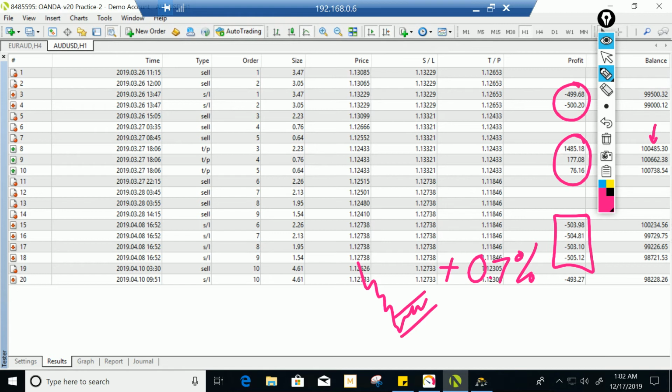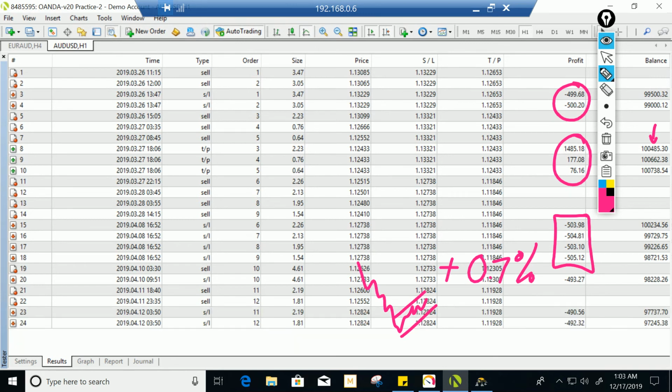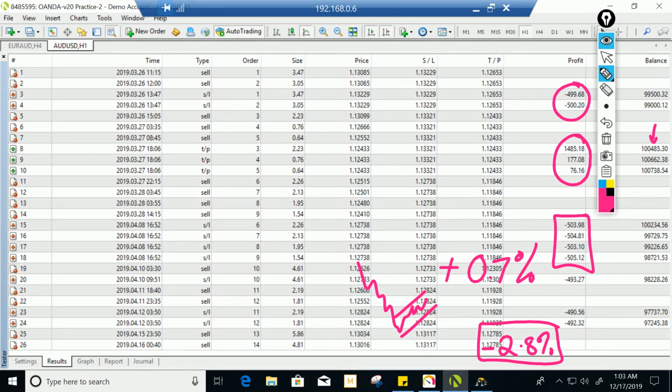Sometimes things don't work out as great, but we've got to take the good and the bad because that's trading. So far we're down, call it, 1.8%. Now we're down 2.8%. Okay, I'm going to write it down there. 2.8%. We're not down 10%. We're down 2.8. Somewhat acceptable.